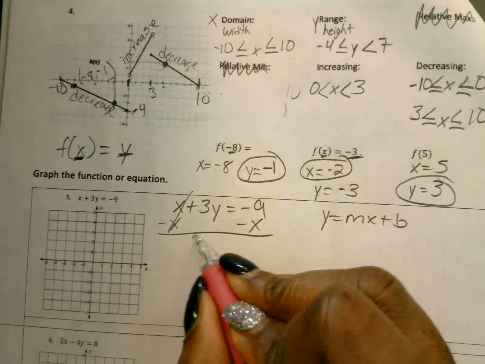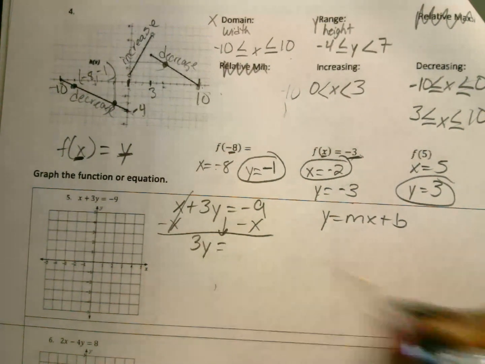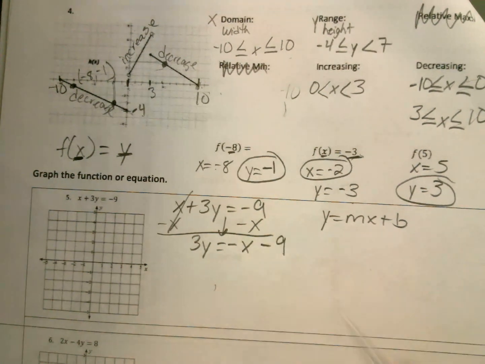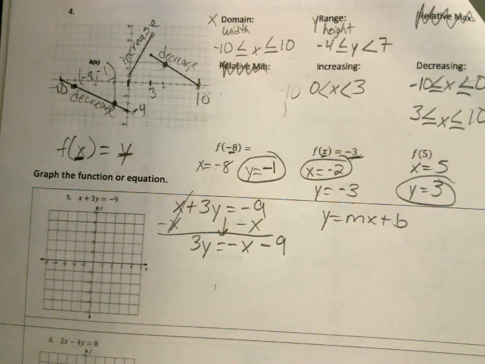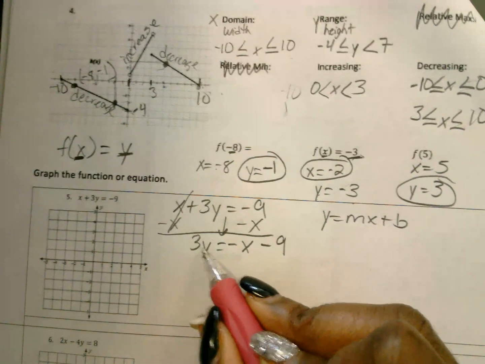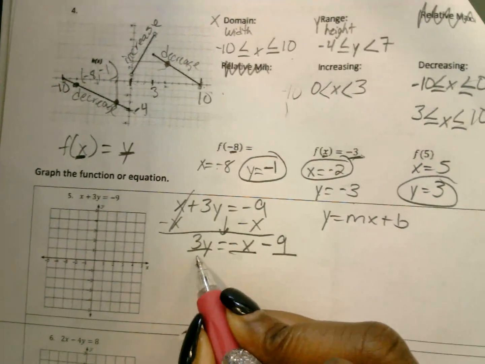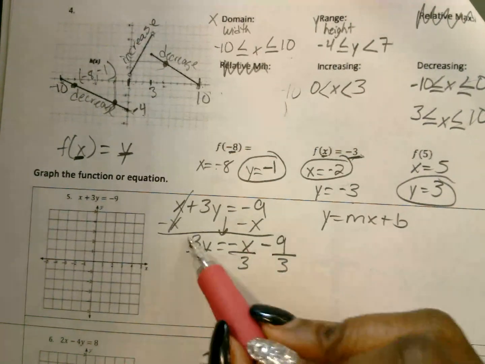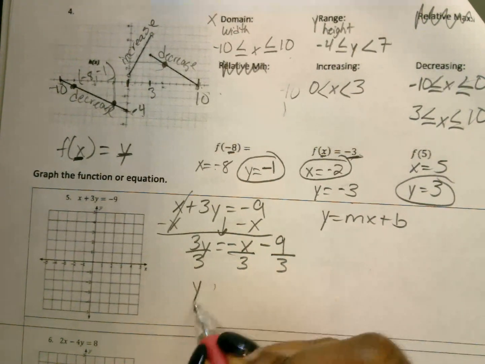This is gone, and we're left with 3y is equal to negative x minus 9. You could write minus 9 first, negative 9 minus x. It doesn't matter, okay? I just choose to write it so that x comes first. Now we're going to get rid of the 3 by dividing everything by 3. 3 divided by 3 is going to give us 1y.